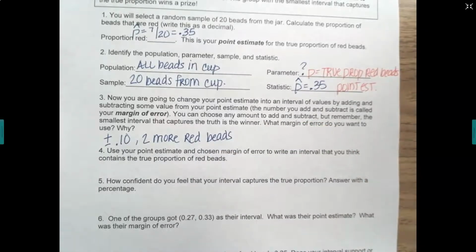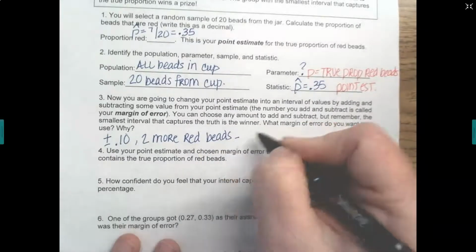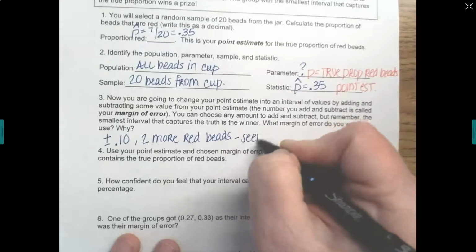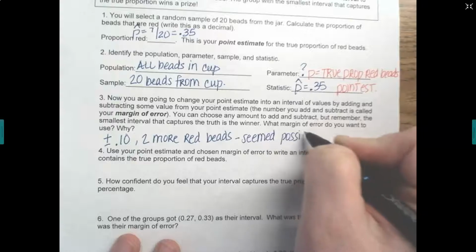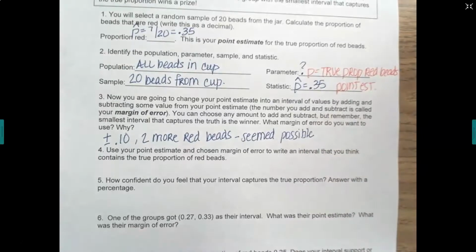And to me, it just seemed possible. So that was my whole idea. It's something that I thought that I could get, that maybe would be likely to get, that it wouldn't be too unusual. Okay, so that's why I chose that.